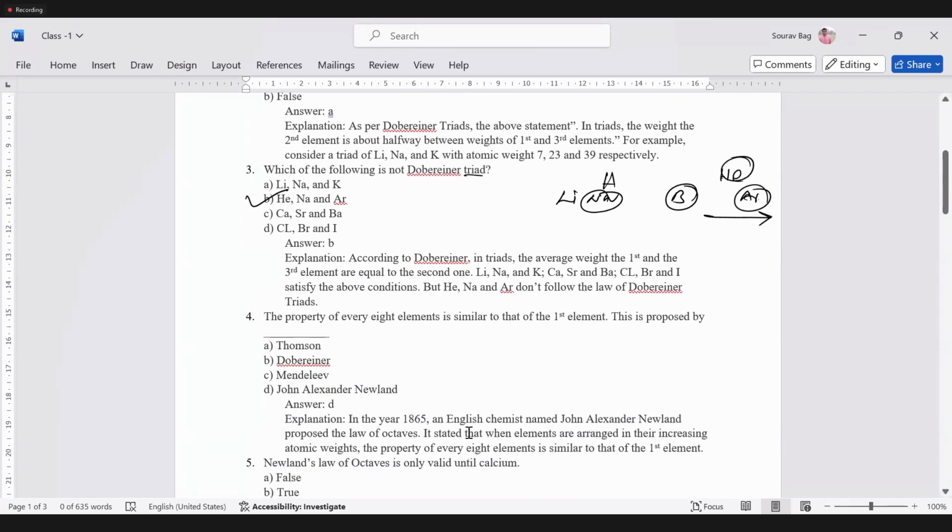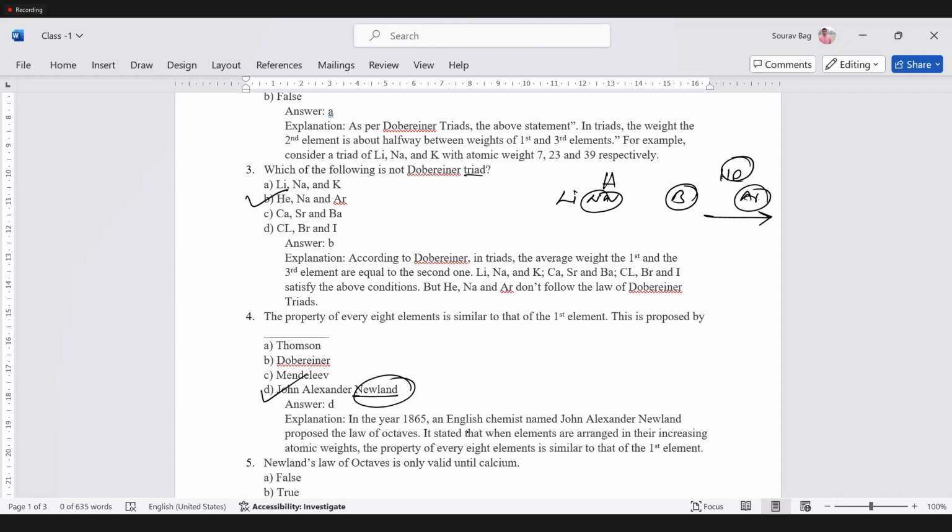Similarly, the properties of every eighth element are similar to that of the first element. This is proposed by John Alexander Newlands. I have already taught this, the eighth element. If you see, after eight elements, this element comes again.